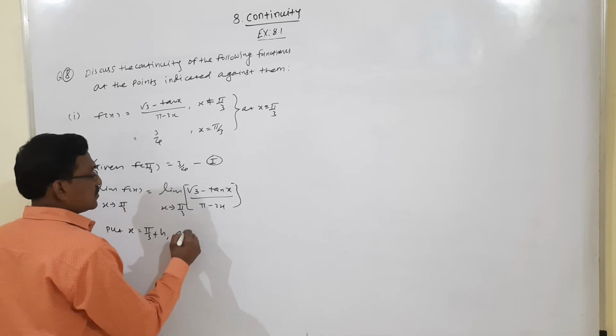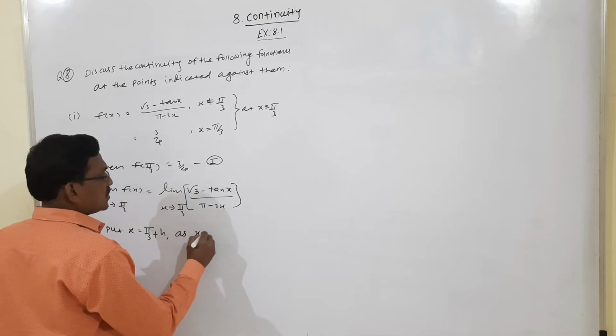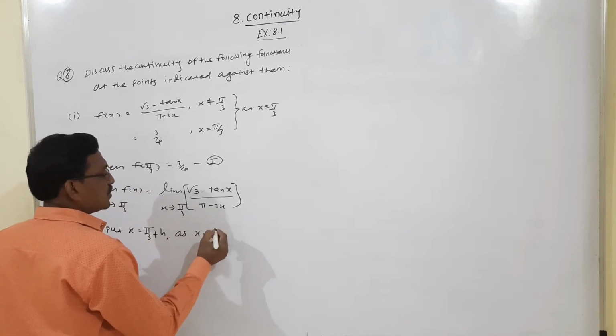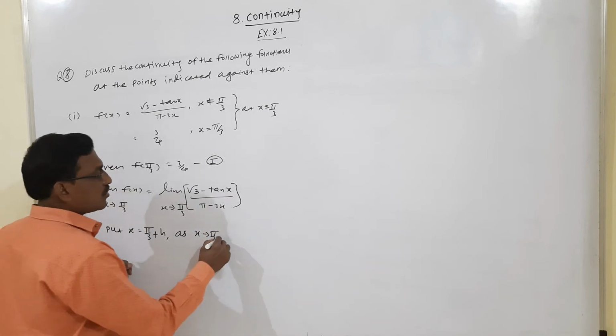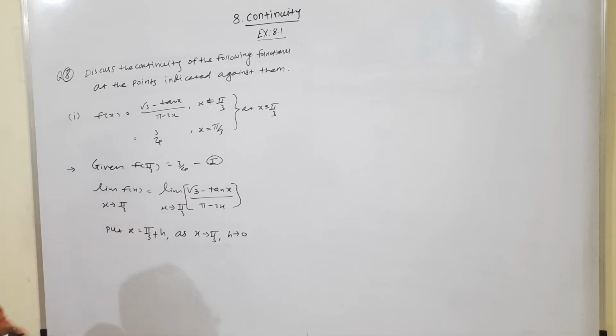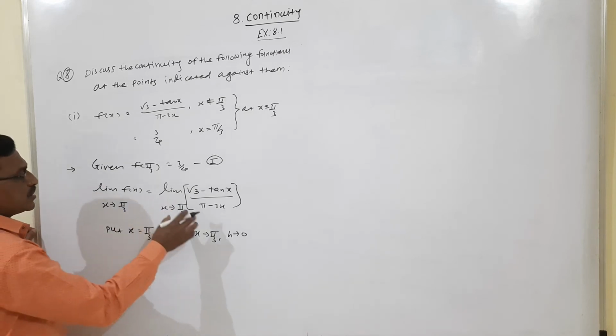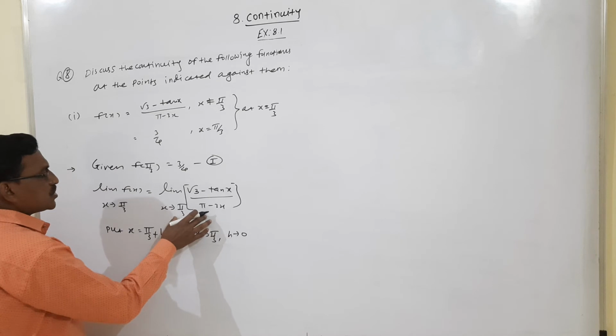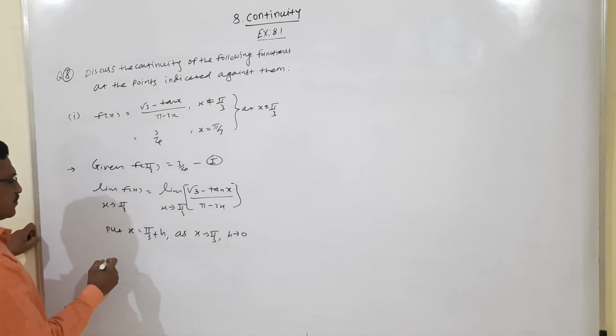As x tends to pi by 3, h tends to 0. So our limit changes on this side only; the other side is as it is.